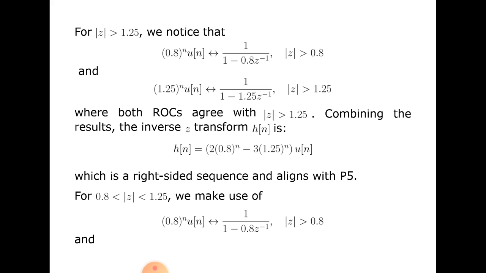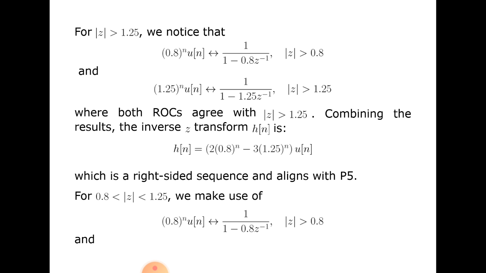For modulus of z greater than 1.25, we notice that 0.8^n u[n] transforms to 1 divided by (1 - 0.8 z^-1), where modulus of z is greater than 0.8, and 1.25^n u[n] transforms to 1 divided by (1 - 1.25 z^-1), where modulus of z is greater than 1.25.